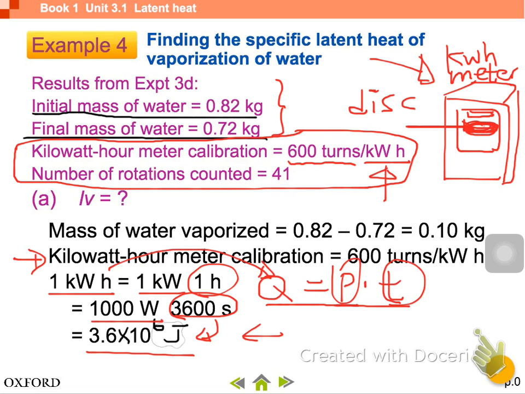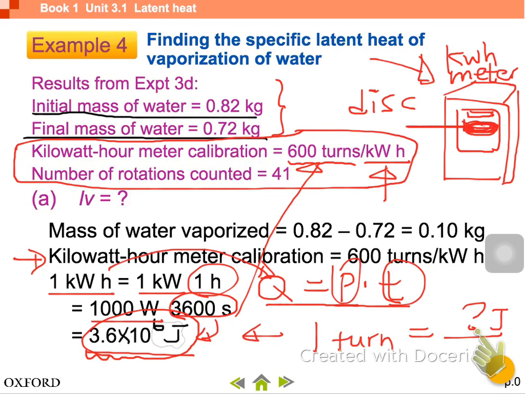So think about it: if 600 turns is equivalent to such an amount of energy given out, then for one turn, how much joule of energy is given out?